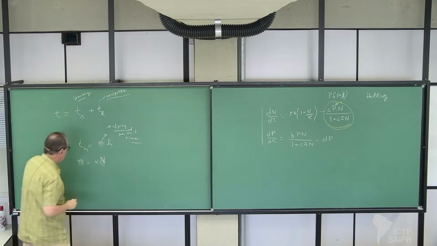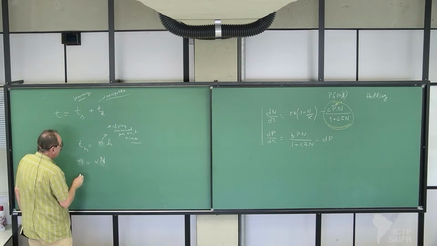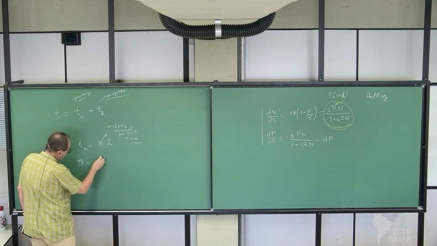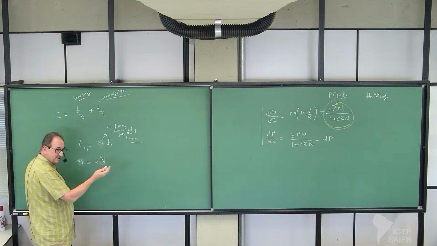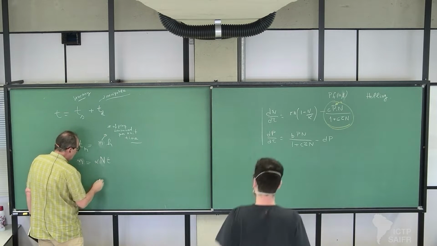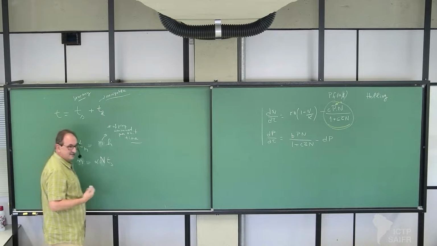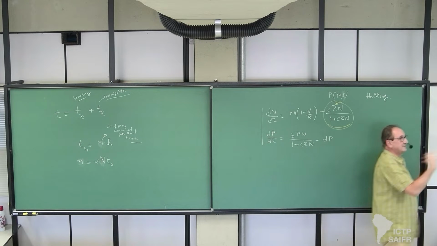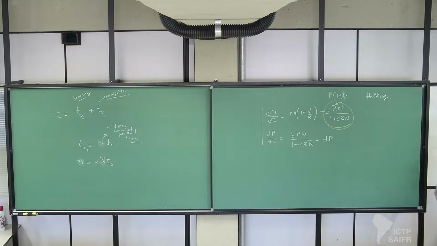So the number of prey consumed per unit time should be proportional to the total population, but also proportional to the time he spent searching. If he searched longer, he will also increase the number of prey that he could consume.